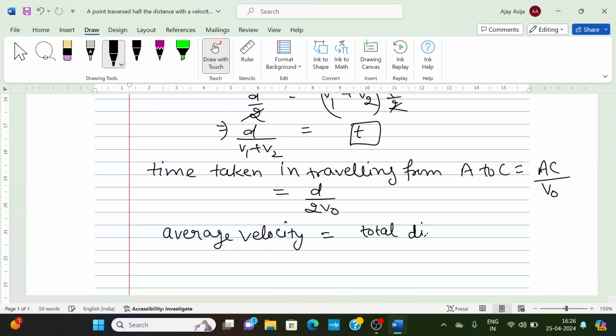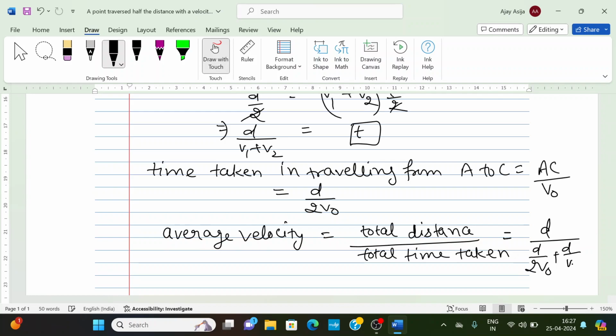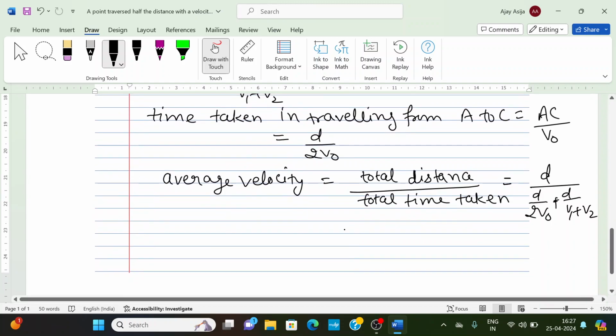Total distance is D and total time taken is the time taken in covering the distance C to B plus the time taken in traveling from A to C. So this is D by 2 v0 plus D upon v1 plus v2. So this will be the average velocity.